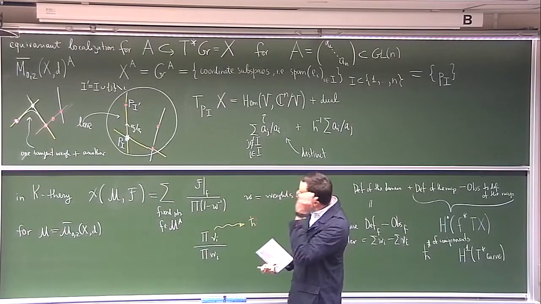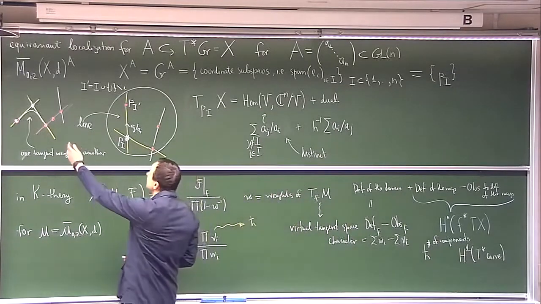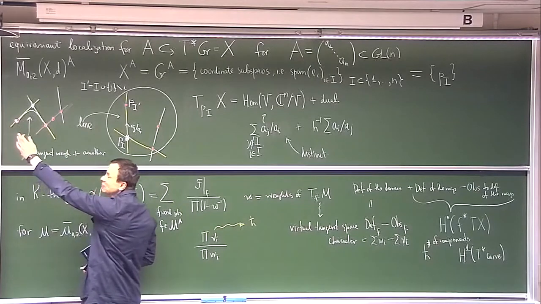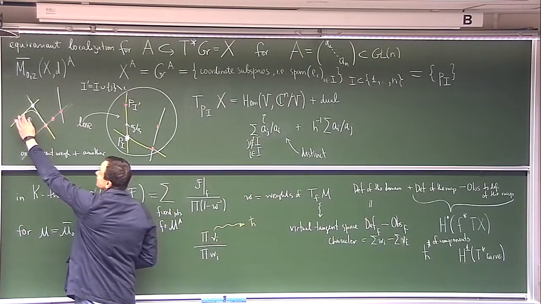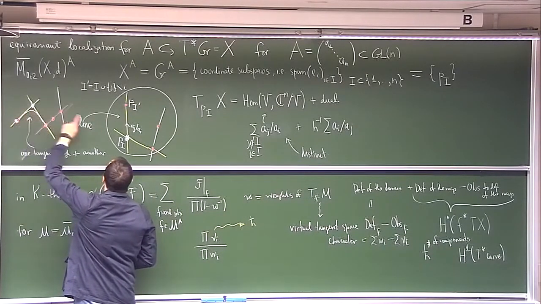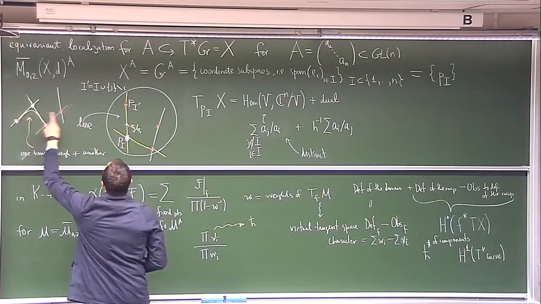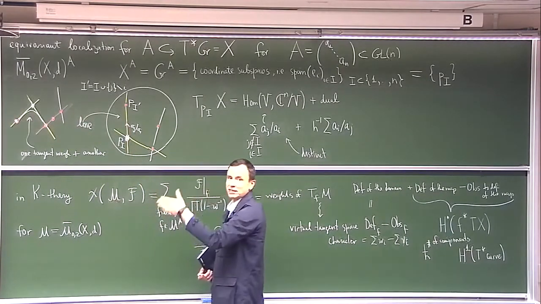In fact, it gets more complicated, because the complete truth is that this map from here to there could have been a multiple covering.